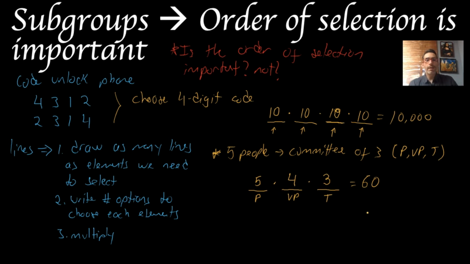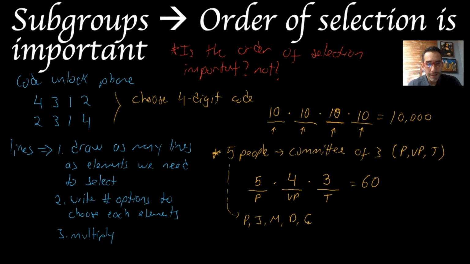Now for you to be clear on here, what we are saying on these 60 is that maybe these 5 people were Pedro, John, Maria, Daniel, and Camila.